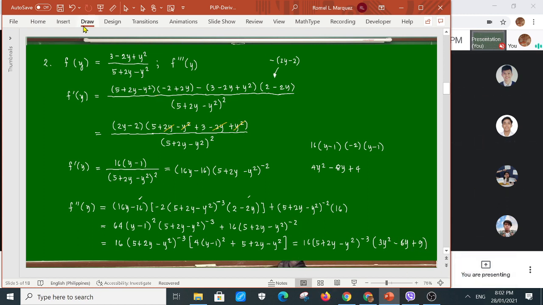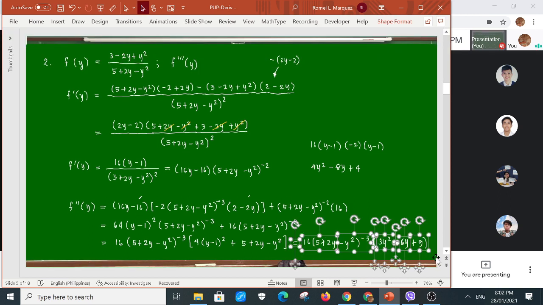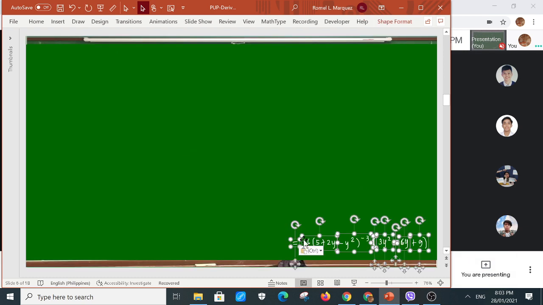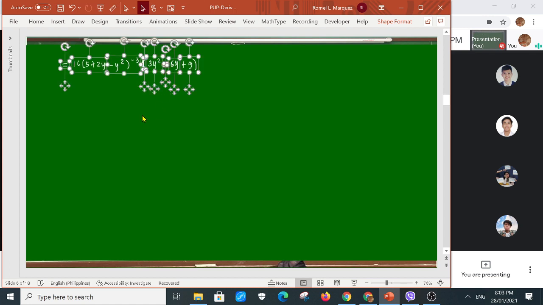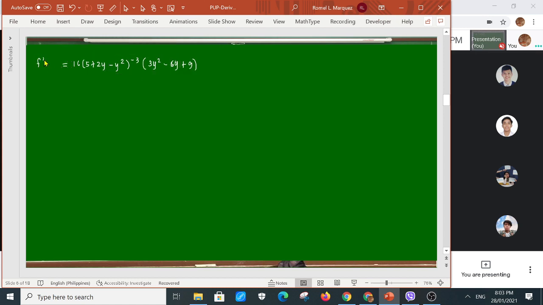Then, let me copy that. I'll select it to move to the other side, because we won't remember it. Okay, here, let me move it here. What's this? This is the first. First? This is the second derivative now. Second, right, guys?